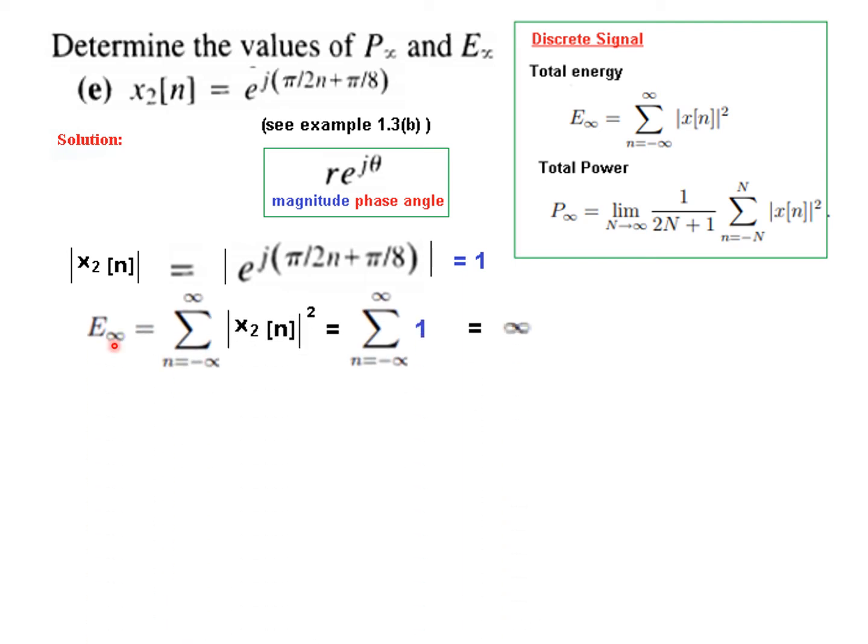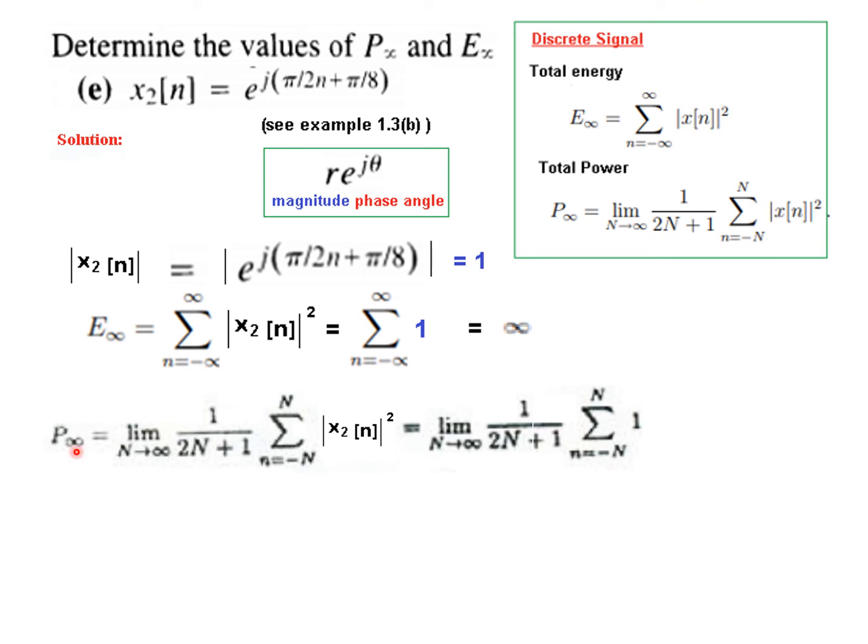Now putting in the energy formula, this will be 1, and the summation from minus infinity to plus infinity means 1 plus 1 plus 1 plus 1 up to infinity, which gives us the result infinity. Now coming to the power formula, we again put in the value 1, and now the limit is minus N to plus N, so this sum will be equal to 2N plus 1. And how will that be? Let's see from this example. Let's say N is equal to 2.